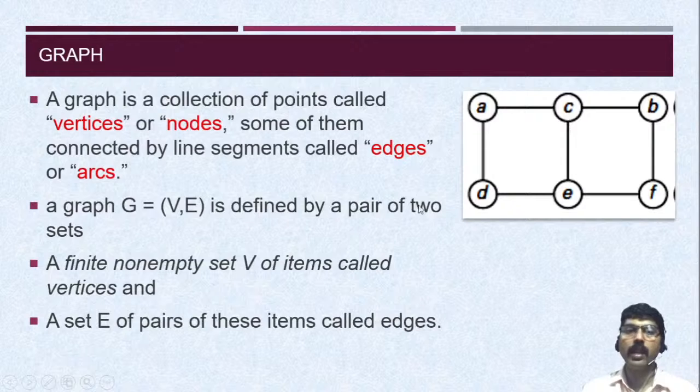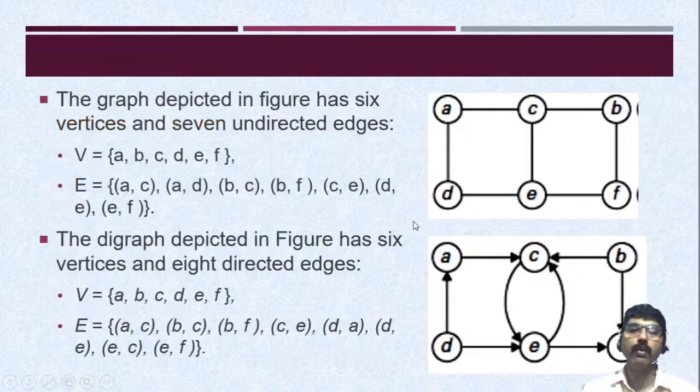Next I will explain how it works. There are two types of graphs. This graph is called an undirected graph, and this graph is called a directed graph. In the undirected graph, the vertices are A, B, C, D, E, F, whereas an edge can be represented as AC as well as CA.